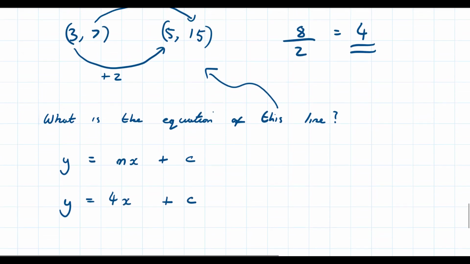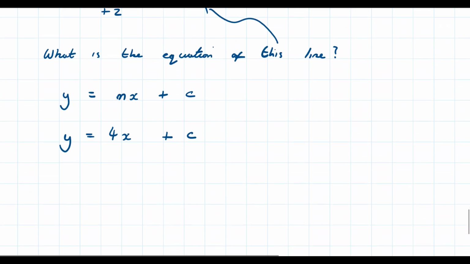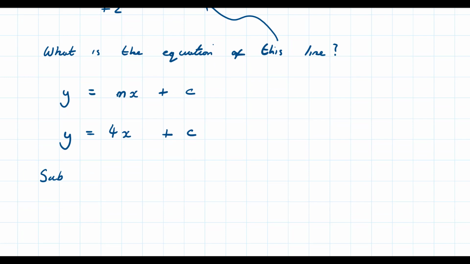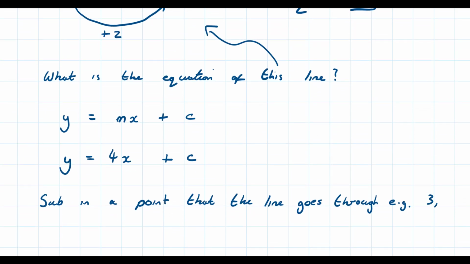I can now find the c by subbing in one of the points that the line goes through. For example, (3, 7). It doesn't matter which one you choose.